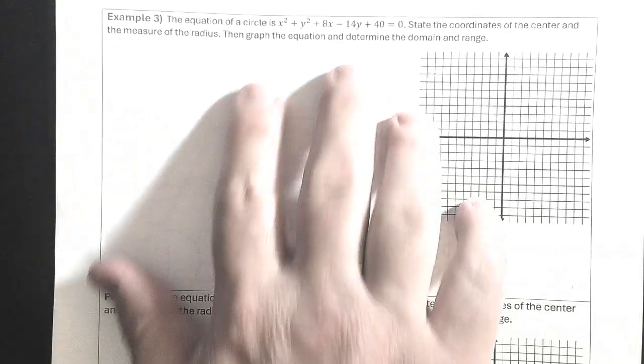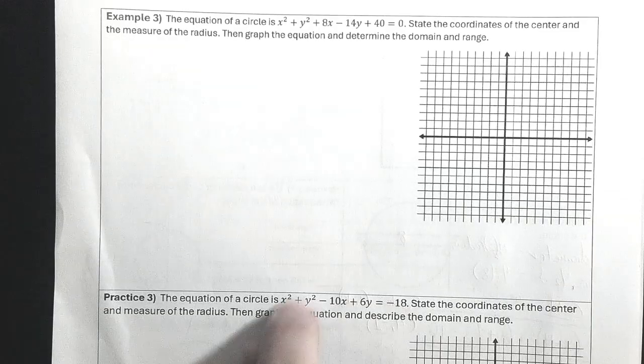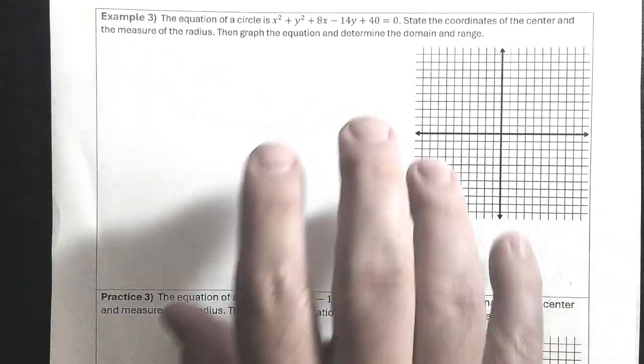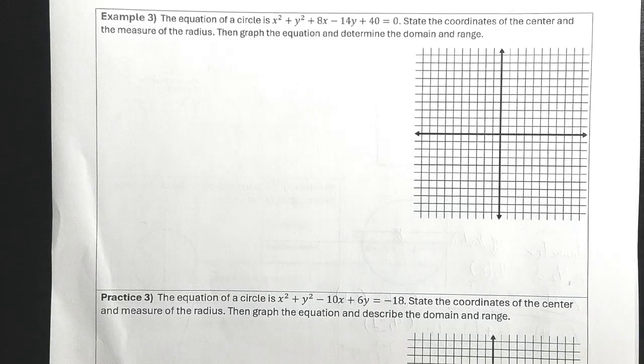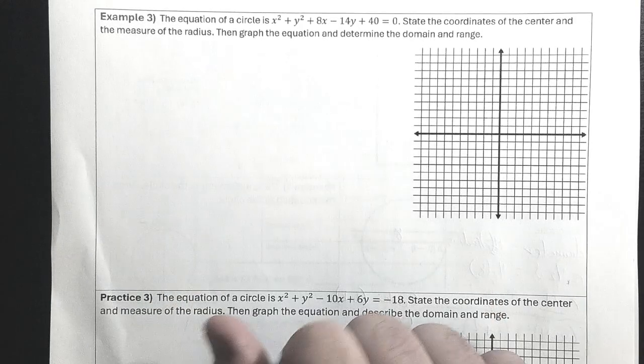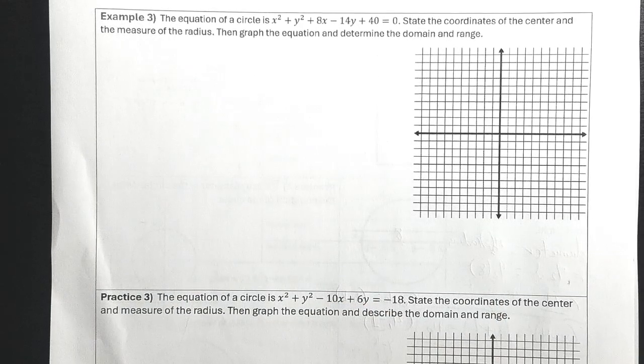We'll go over this. I'm going to circle some stuff you need to do, and hopefully you can work this. Completing the square should be a level 5 question on the EOC. So if you can do this, that's great. We need you to do this. If you have questions, please let me know.